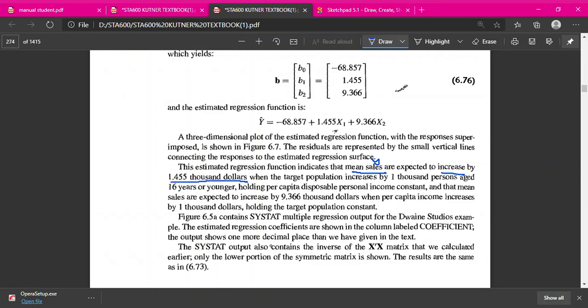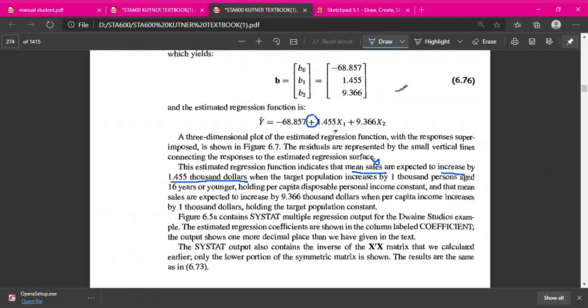Kenapa increase? Sebab you punya sign untuk beta 1 kat sini adalah positive. So, increase by $1.455,000. You need to put the unit.